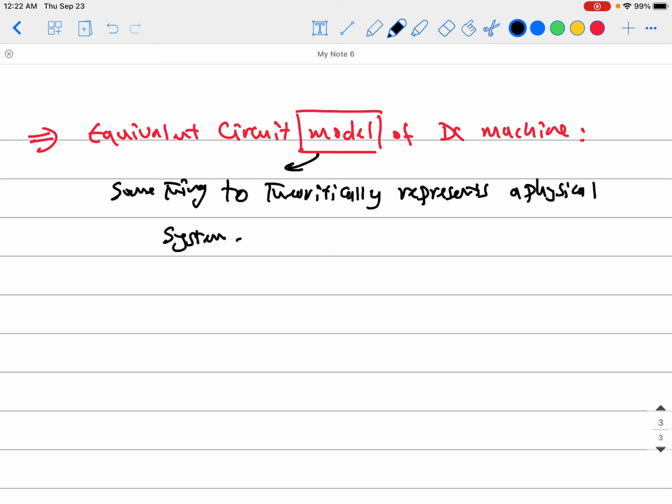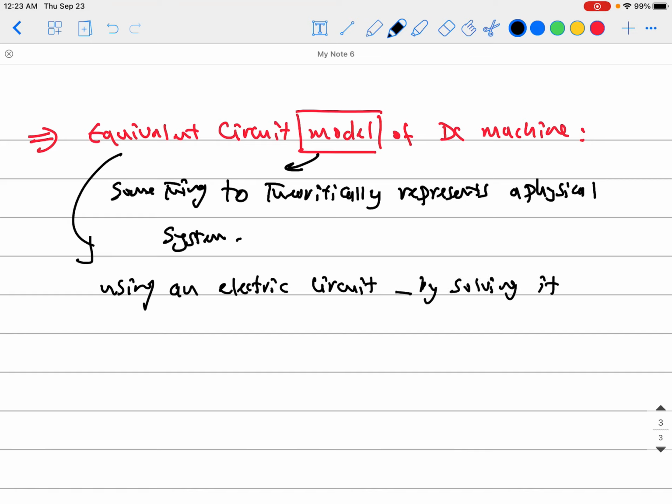So if I'm talking about this equivalent circuit model directly, I mean using an electric circuit, and by solving it just like any kind of electric circuit you've used in your whole life, we can predict the performance of a specific machine.